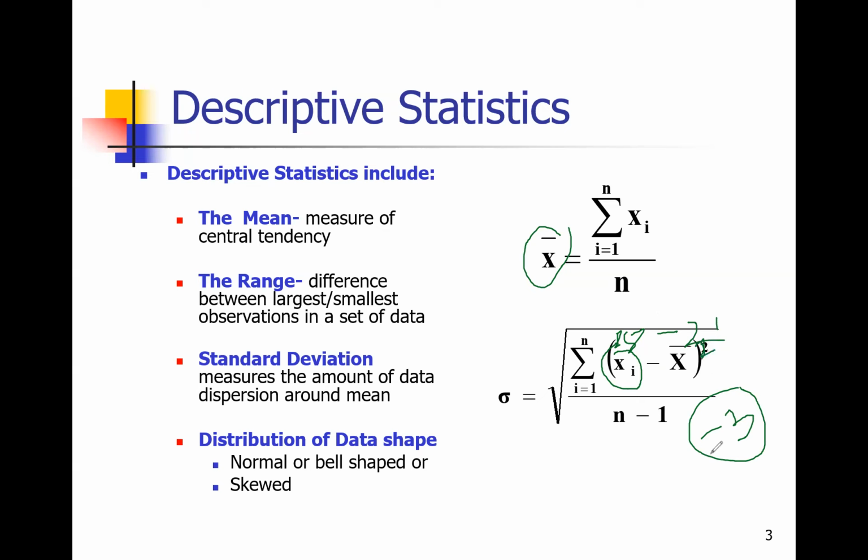Maybe the deviation will be minus 5, minus 3. We can neutralize that by using the square sign. So calculation of standard deviation means what is the difference with the average. This is also very important for your life and also for normal calculations.